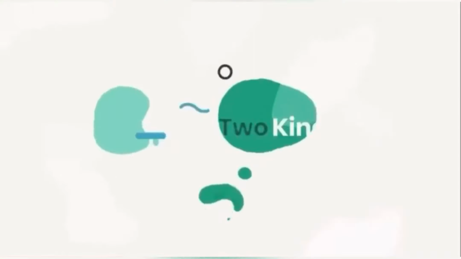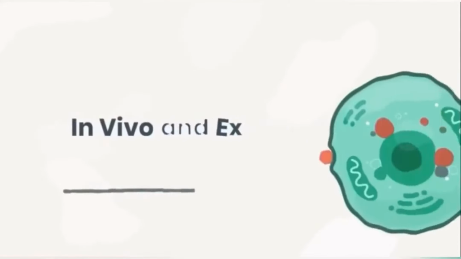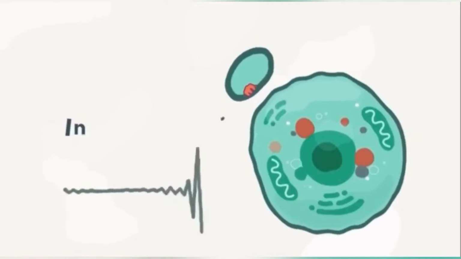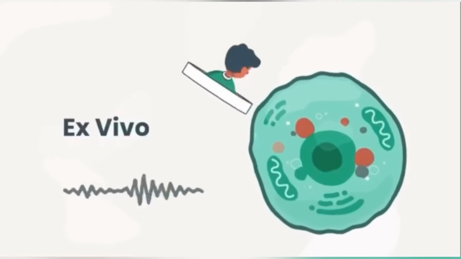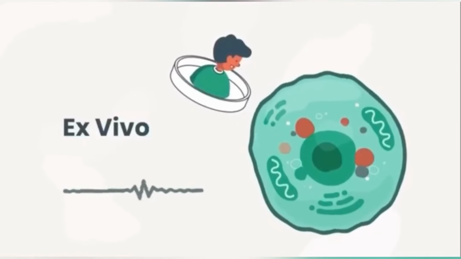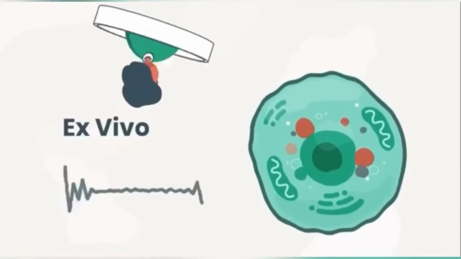sick. It's worth noting there are two kinds of gene therapy, in vivo and ex vivo. In in vivo gene therapy, the genes are introduced directly into the patient's cells while the cells are still in the patient's body. In ex vivo gene therapy, cells are removed from the patient's body, then the genes are added to those cells in the lab, and the cells are then returned to the patient.